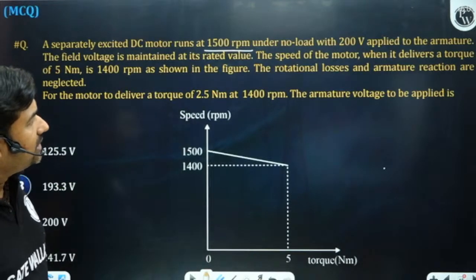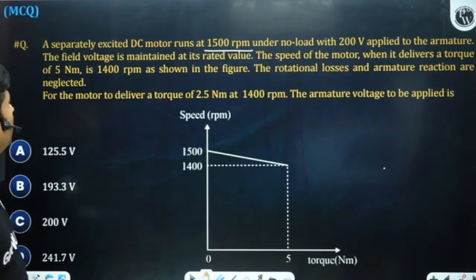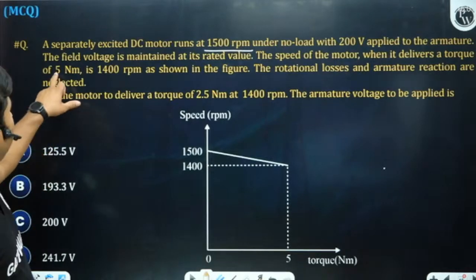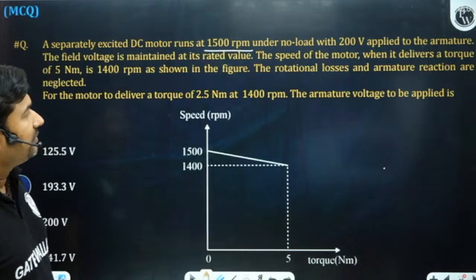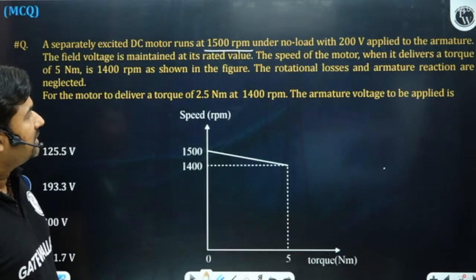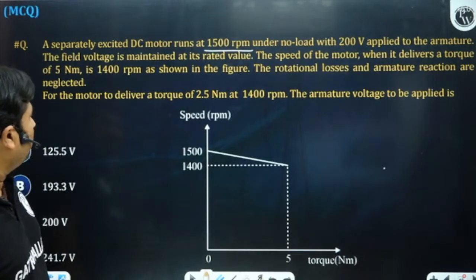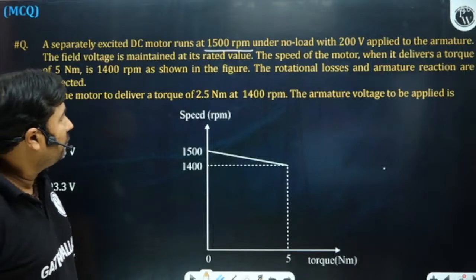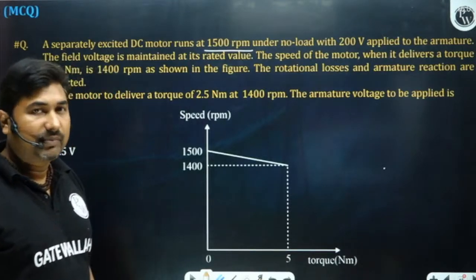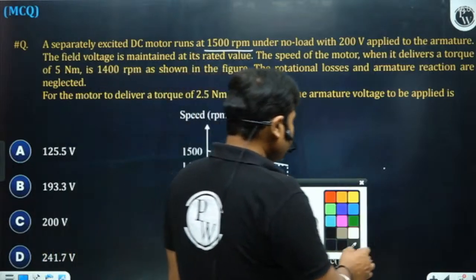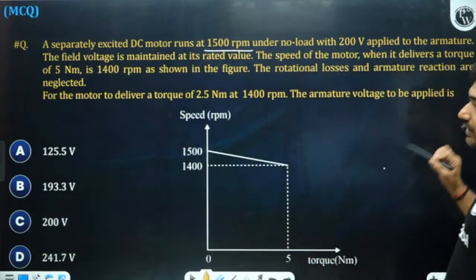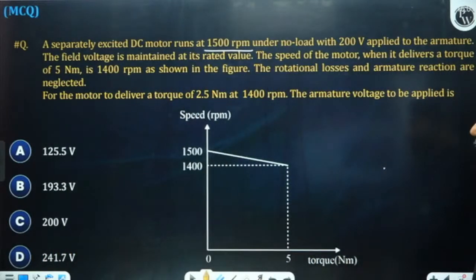Motor delivers a torque of 5 Newton meter at 1400 rpm as shown in the figure. Rotational losses and armature reactions are neglected. For the motor to deliver a torque of 2.5 Newton meter at 1400 rpm, the armature voltage to be applied is? How much armature voltage needs to be applied if the motor has to produce 2.5 Newton meter at 1400 rpm?